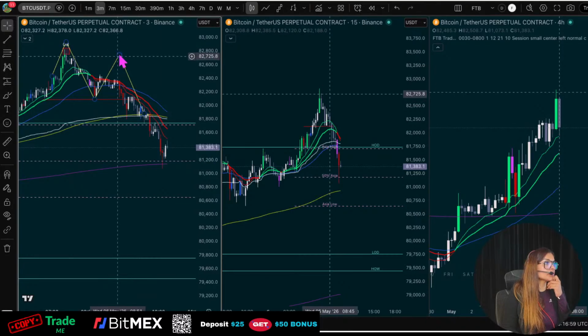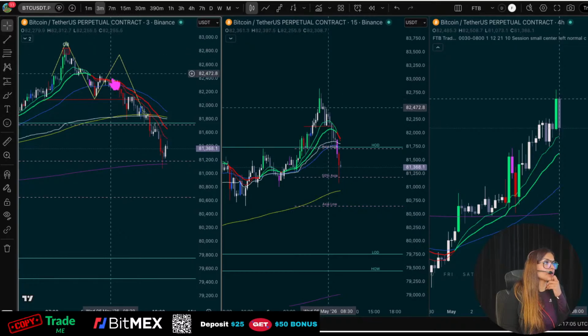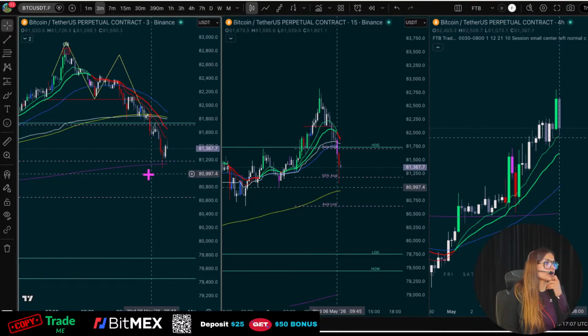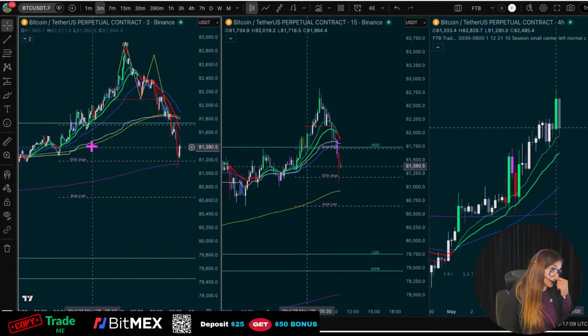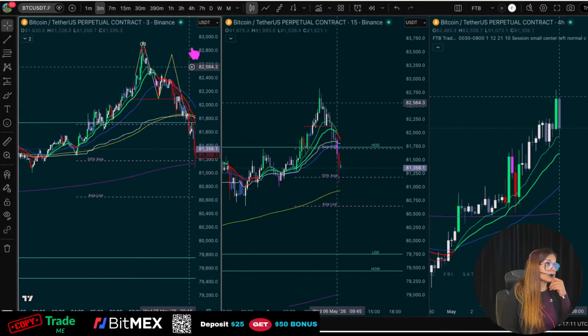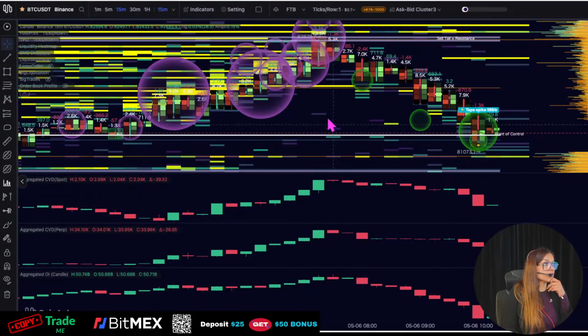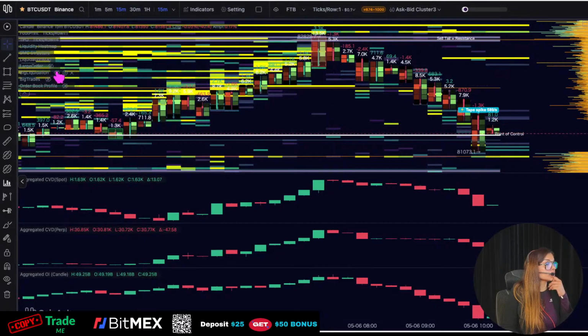Well, price didn't go up to my second swing high up here. It just went here and then fell through. But all through yesterday and the day before, what I've noticed is that Binance was selling on the way up.